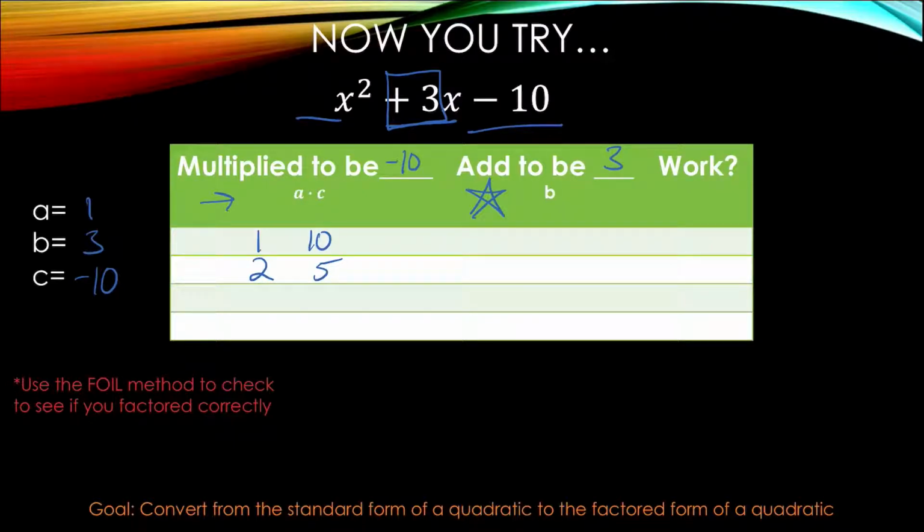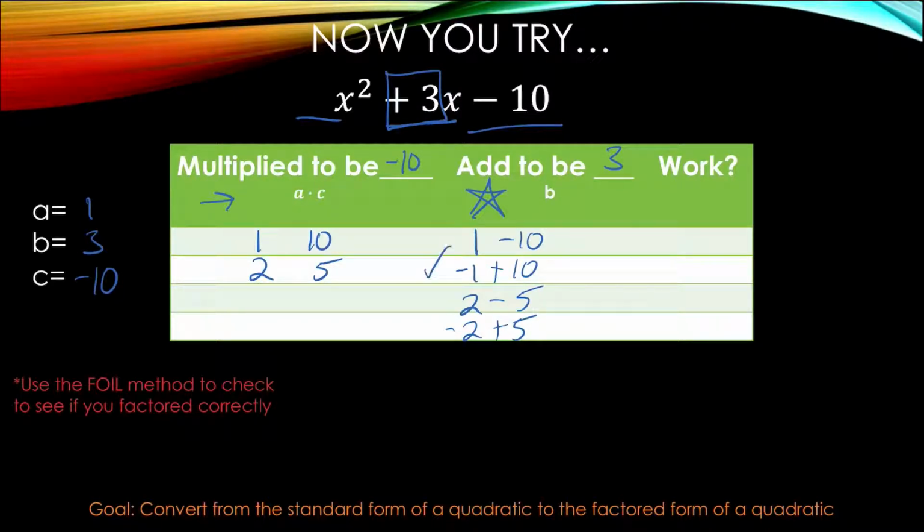Let's look at this. And if you need to, you can sort this out. You can say positive 1 minus 10, negative 1 plus 10, positive 2 minus 5, and negative 2 plus 5. Either way, that works. I know that since this is positive, my bigger number has to be positive.